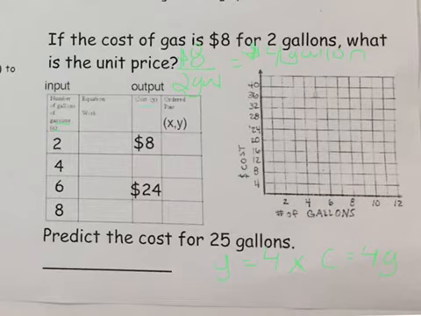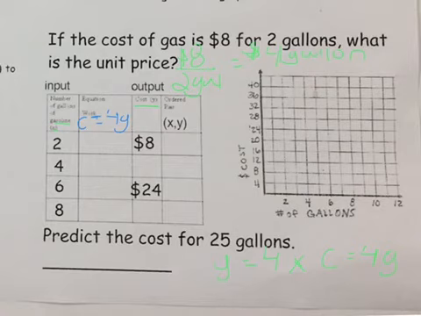Now, if we look here, the equation. Okay, so we're going to go here, and the equation is cost is equal to 4 gallons. So I'm going to substitute.